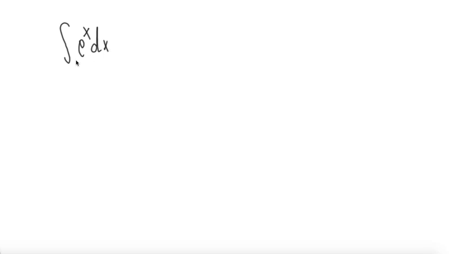For example, this is our dx. Outside here, we need to have the derivative of this one, because the other way around we cannot take the integration of it. For example, we cannot have e^(x^2) dx.